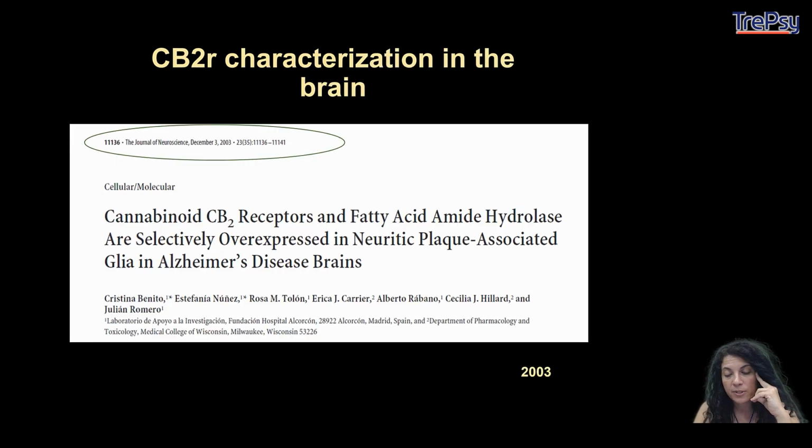But in 2003, this article from Benito, from the Romero group, saw that the cannabinoid receptor 2 is selectively overexpressed in neuritic plaques associated with glia in Alzheimer's disease in humans.